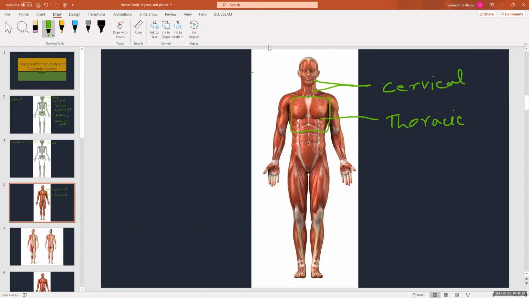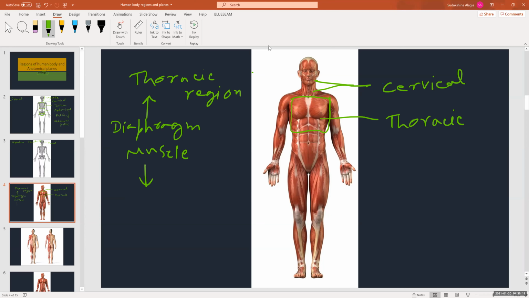There's a muscle known as the diaphragm, which separates the thoracic from the abdominal. So above the diaphragm is the thoracic region. Below the diaphragm is the abdominal region.